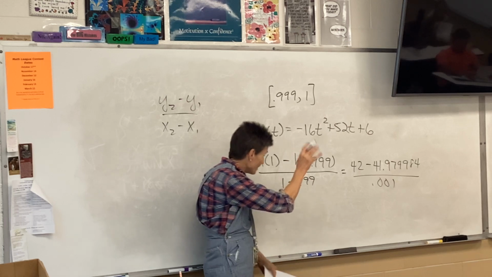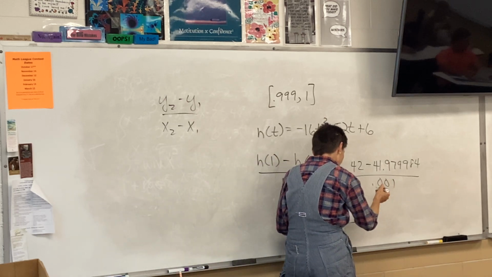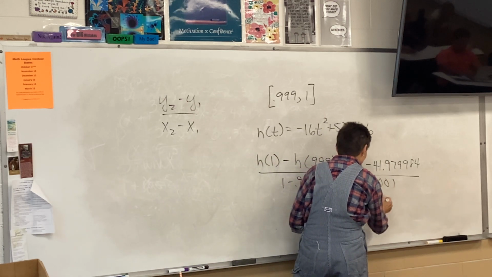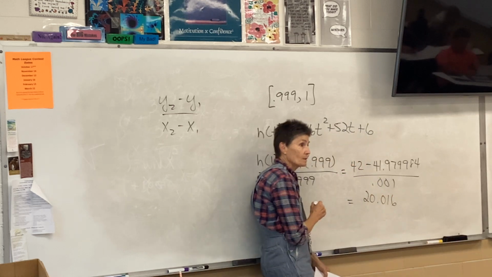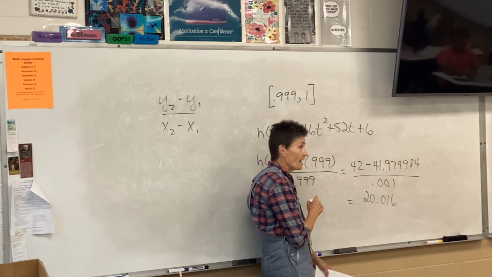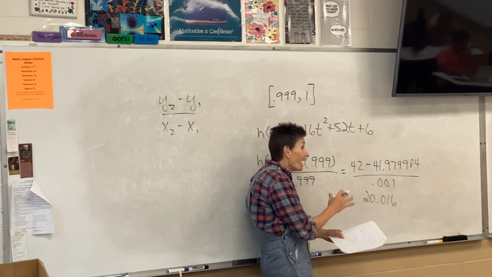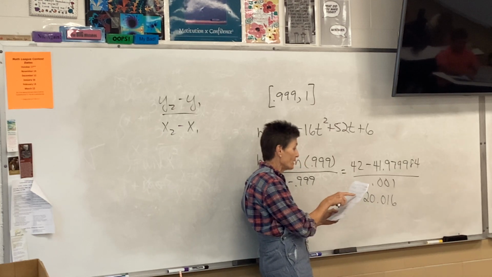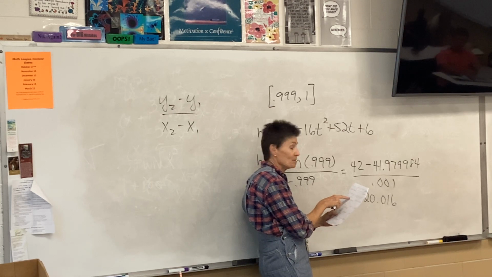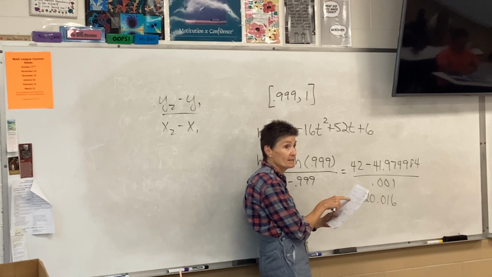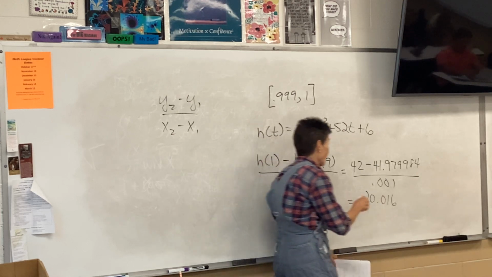And then when I figured out what that was decimally, I got 20.016. And what's the unit on that? Average rates of change have units, like miles per hour, only this one is, I guess I didn't tell you, but that formula is feet per second.